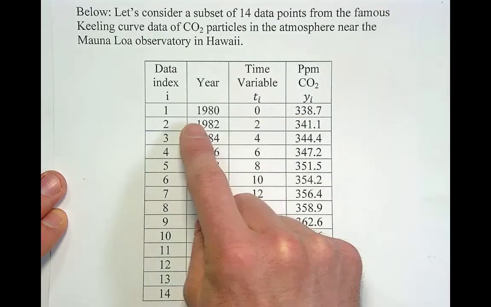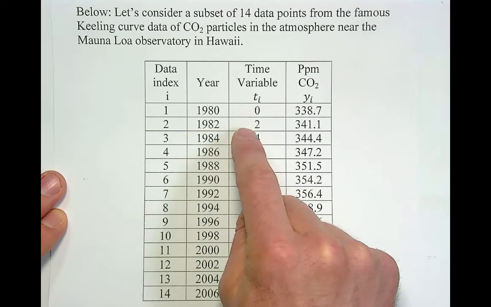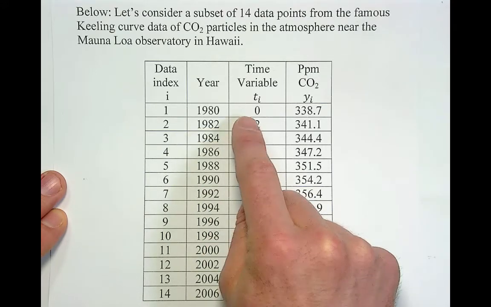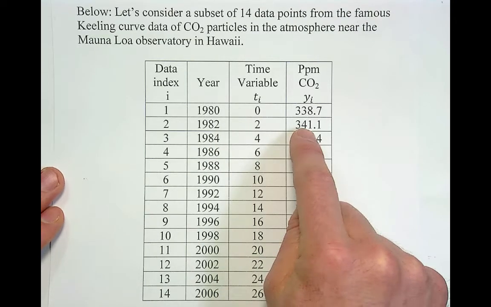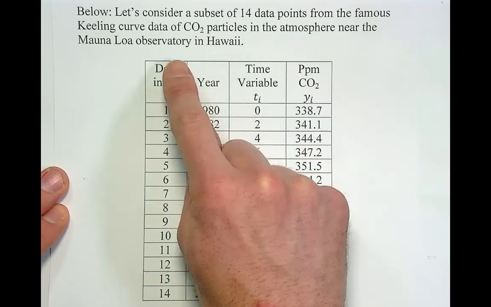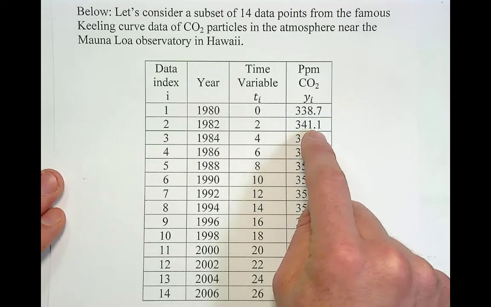So the second data point in this set was taken in 1982. So T sub 2 is equal to 2 because it's 2 years after the start of this experiment. In that year, the parts per million CO2 in the atmosphere observed at this observatory was average 341.1 CO2 parts per million.